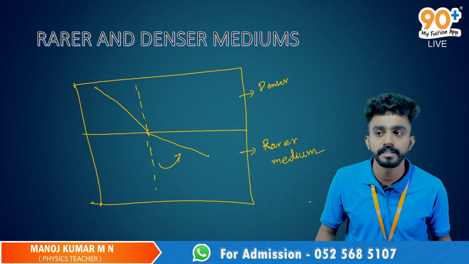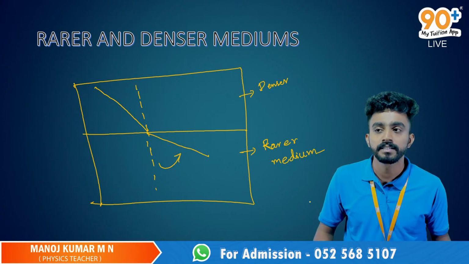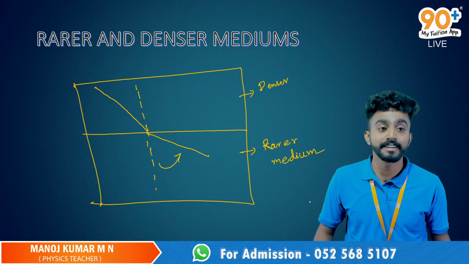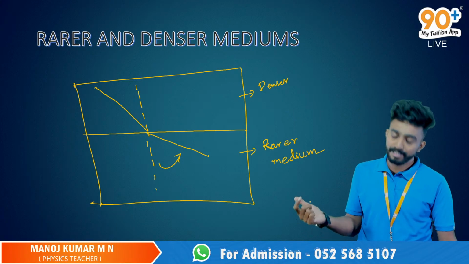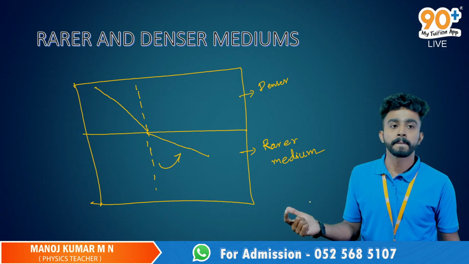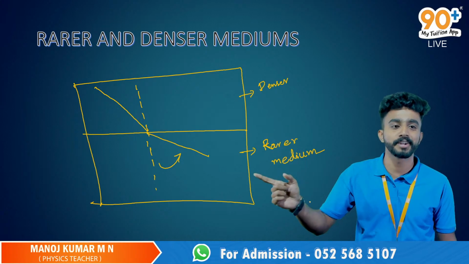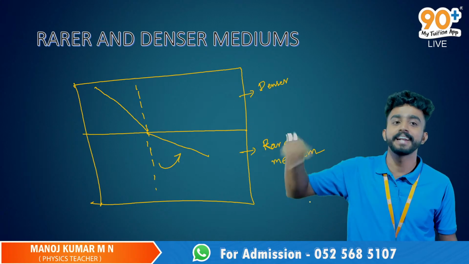Sridhya, are you there? The rarer medium will be air, right? Air will have more free space. Water will be denser. So denser to rarer is from water to air, and the other way round is air to water.